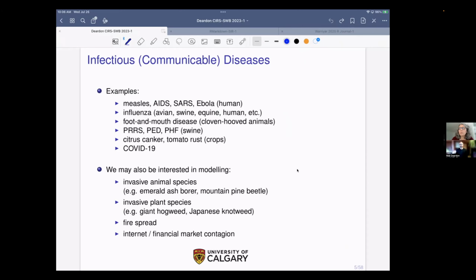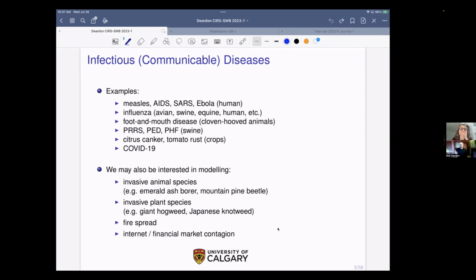If you're thinking about invasive species, animals or plants, the way they spread spatially through time looks a lot like the way that diseases might spread spatially through time. These models or extensions of these models we've also used to model things like fire spread, another thing that's obviously big in the news at the moment.